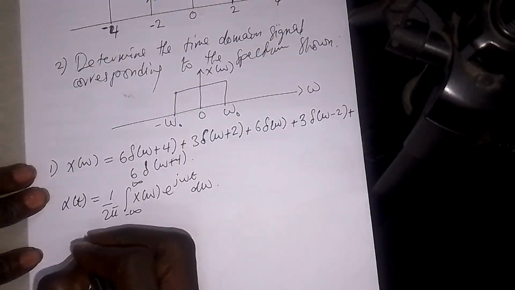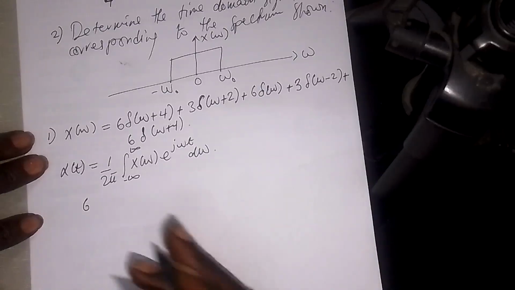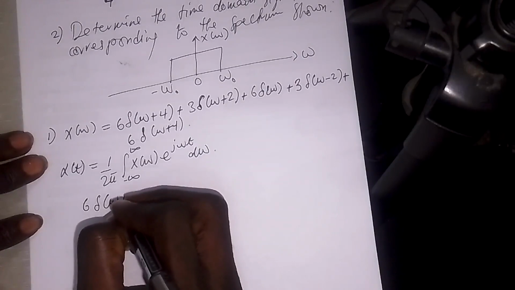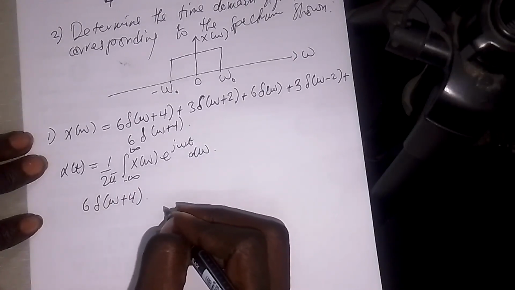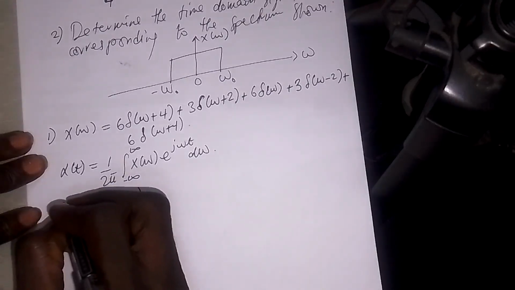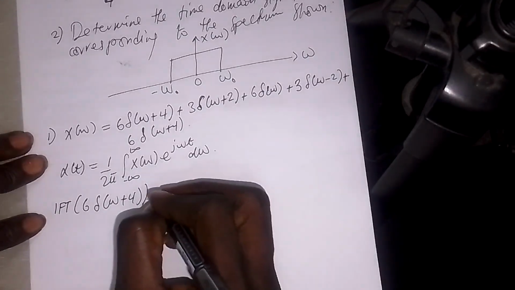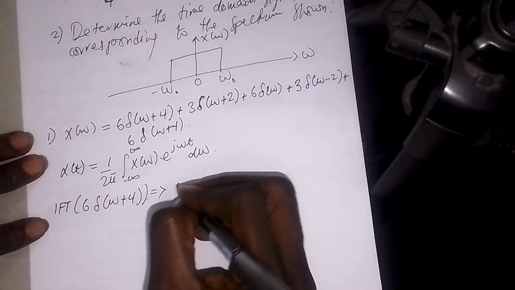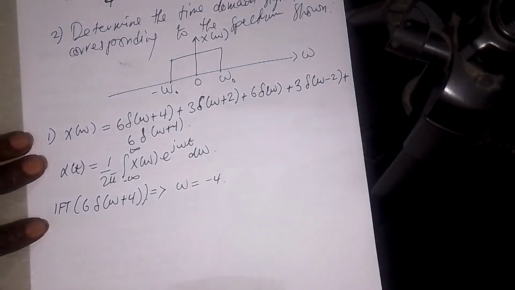Let's say we take the first one, which is 6 delta of w plus 4. I want the inverse Fourier transform for this one. Omega is occurring at minus 4.